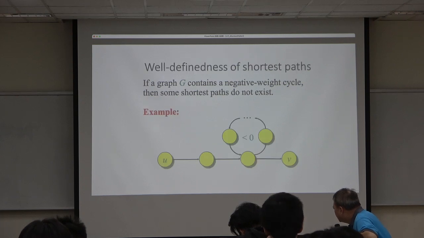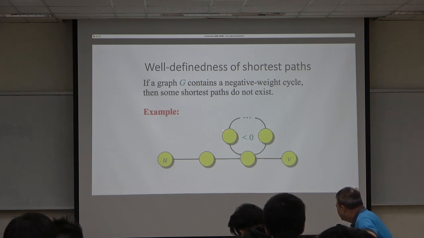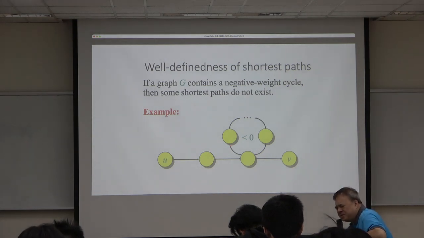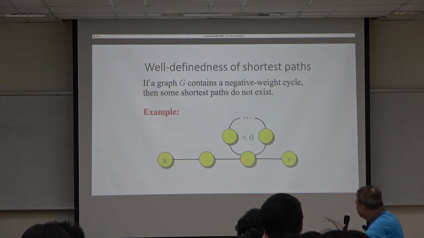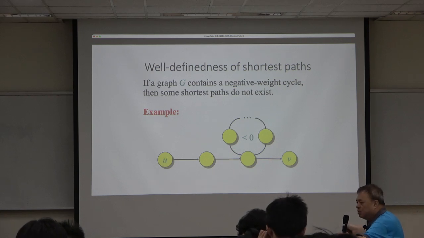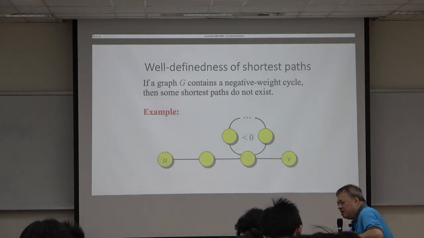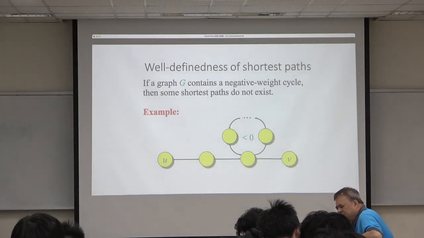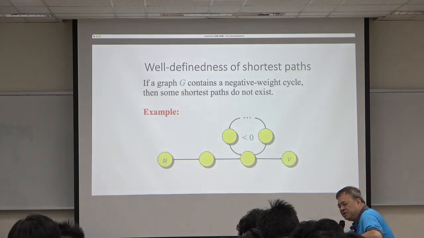Think about this. If from U to V you could possibly go through that negative cycle, then you will not be able to define your shortest path, because every time you circle this loop, the path weight is reduced.